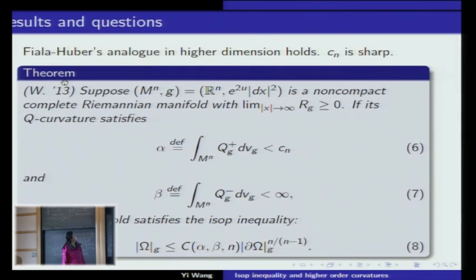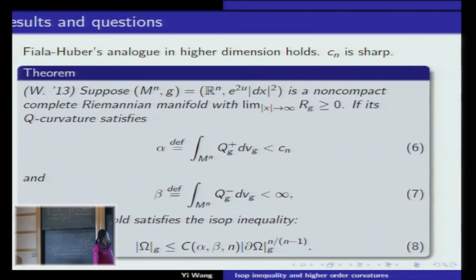Okay, so another result that I want to talk about is the Fiala-Huber type of result in the higher dimensional case. Again, this constant Cn here is the sharp one. As I said, this Cn was equal to 2 pi in the 2-dimensional case.